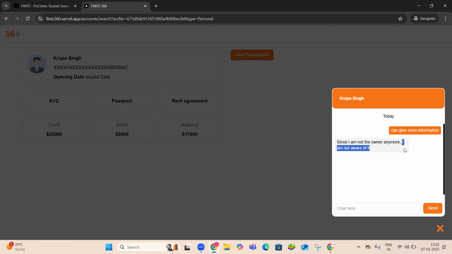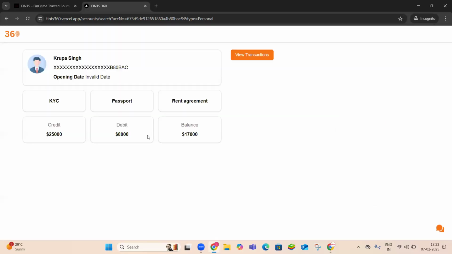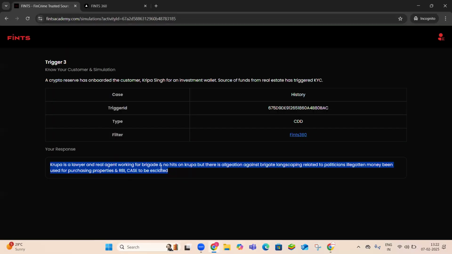This is kind of a trigger for us as a compliance officer, or as a compliance team. This is a trigger for the KYC analyst. So we mention all these things in a simulation and escalate it. Simple. This is how we can solve the cases. This is related to a customer due diligence trigger. If it is related to your KYC periodic review, you understand what the customer is into, which risk categorization the customer falls under.